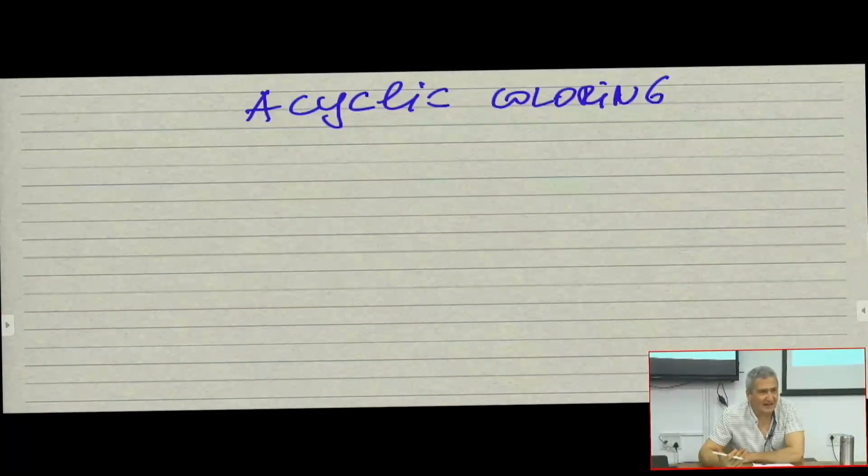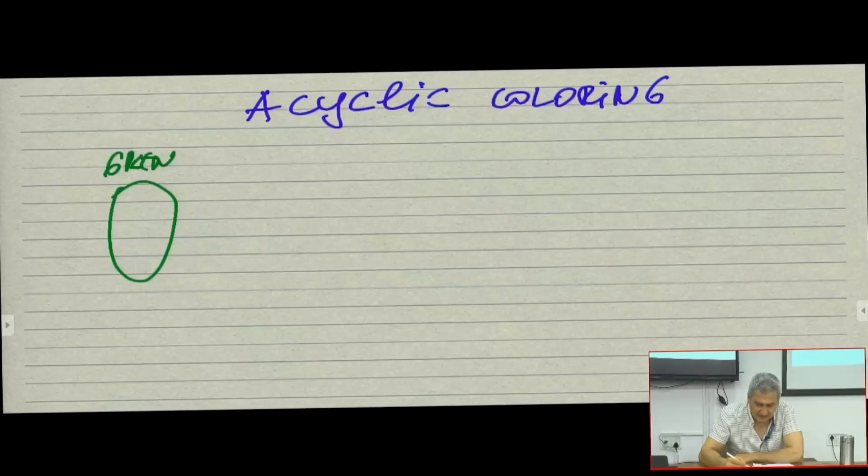So acyclic means, as he nicely explained, in any proper coloring, if we take two colors like green and brown, then of course every color class is an independent set.